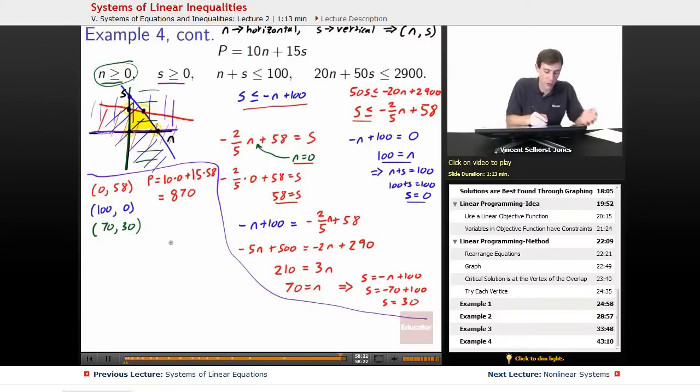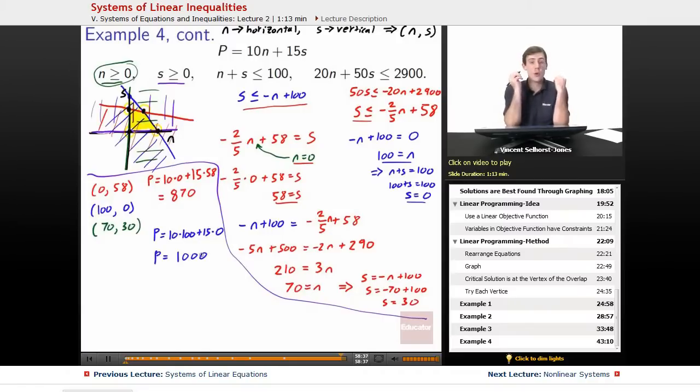Next, we'll do the one that we arbitrarily made the blue point. The profit out of that one would be 10 times 100 plus 15 times 0, the number of superfines. So the profit would be 1,000 plus 0. So if we sold nothing but Naises, we would get 1,000, or 1 million, off of our sales.